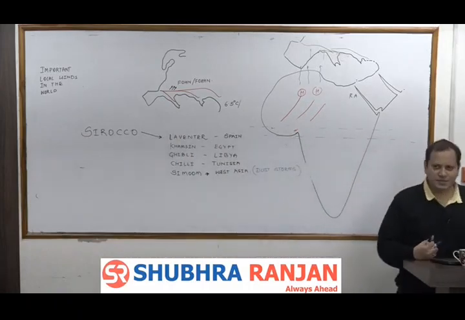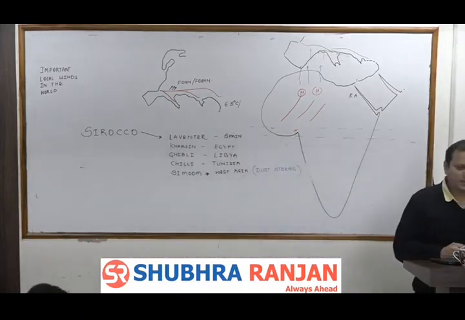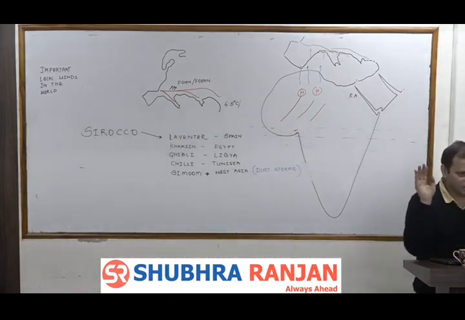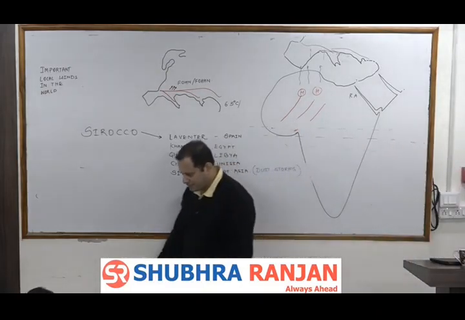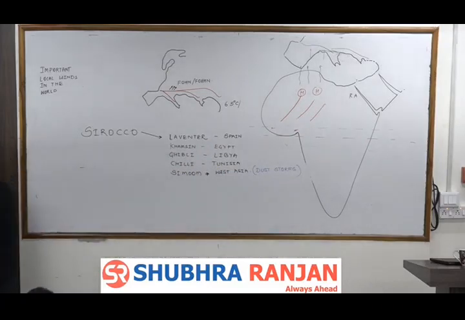What will be the significance? Will this be good or bad? Bad. If sands are falling, it will destroy the vegetation, crops. Significance, effects. Sirocco destroys the cultivation in southern Europe. Which cultivation?